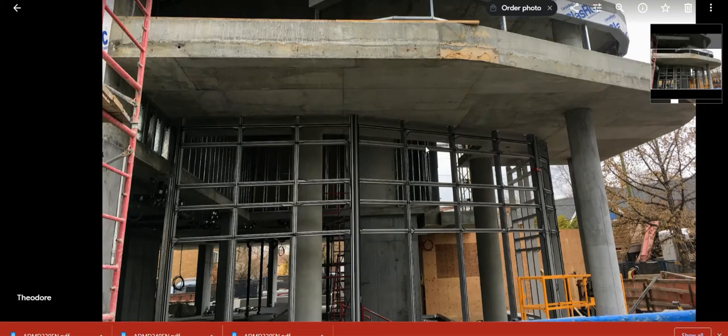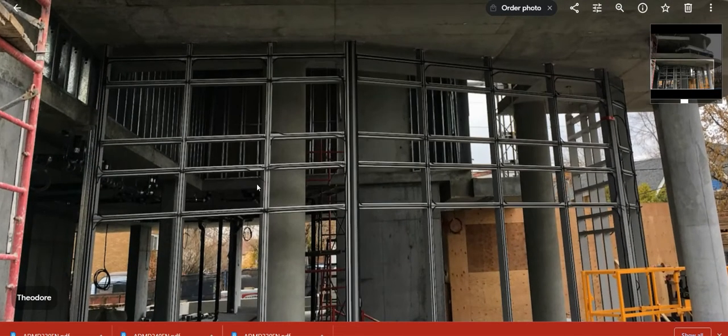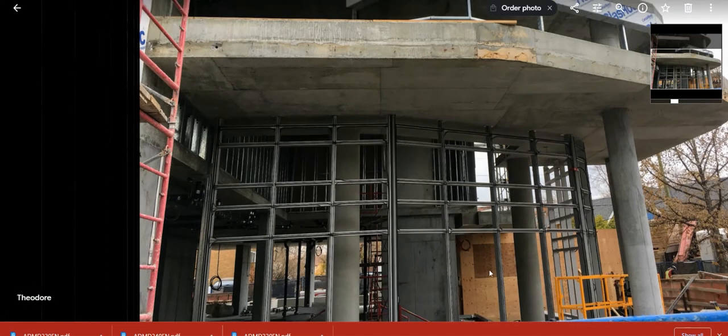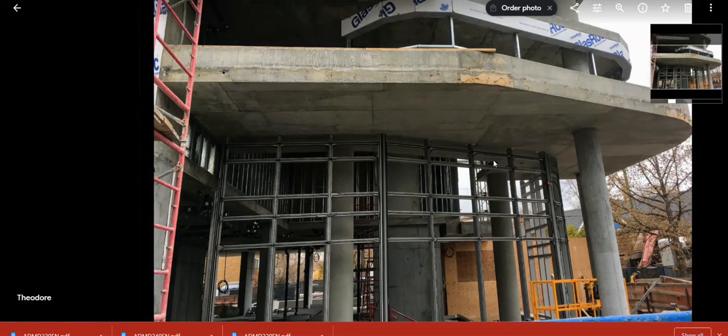And then interestingly enough, when you get to the lower levels of these buildings, if they're mixed use, there's a larger floor-to-floor height. And usually, not always, a window wall system could work. But in this case, this is the exact same building as the one we were just looking at with the track. On the main floor, they're actually using a curtain wall frame system because it's got a greater spanning capability, just more of a commercial grade type frame system.